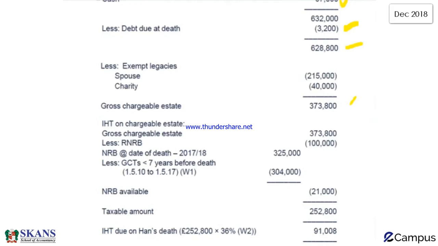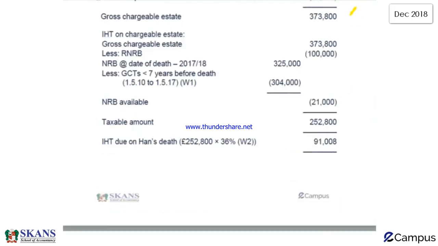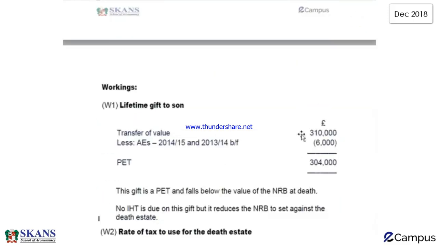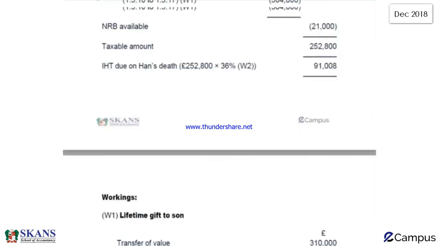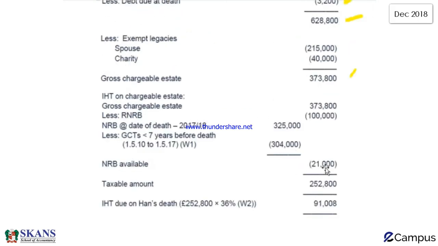Well, what is the available nil rate band? As Han had one lifetime transfer, let me show you in the working. As he made a lifetime transfer of 310,000 within 7 years before the date of death, which is of 304, and this PET would ultimately become chargeable on his death, and that's why available nil rate band is 325 minus 304, that is only 21,000.